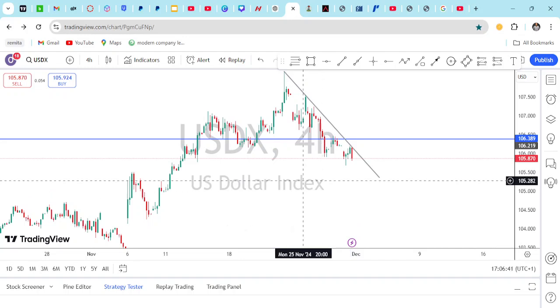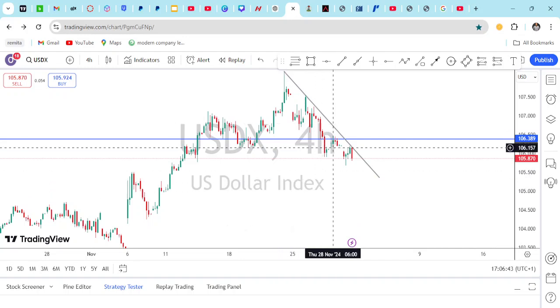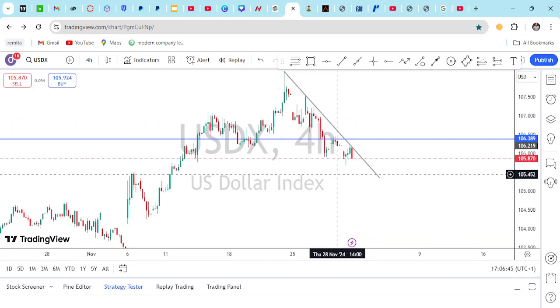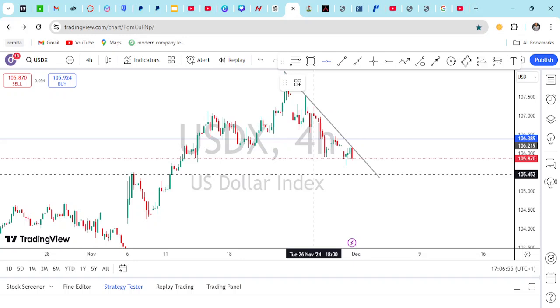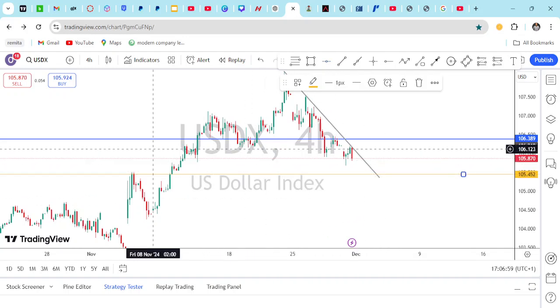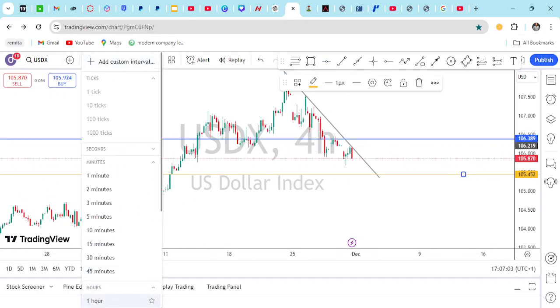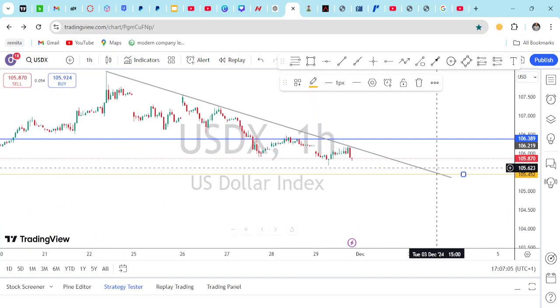So that being said, where are we expecting it to fall? At least we're expecting it to fall down to this point of 105.430, at least 105.47. So I'm expecting the dollar index to fall to this point. If you look at it on a lower time frame, the 1 hour time frame as well, it's the same thing.